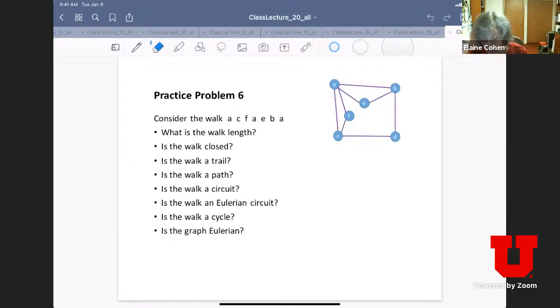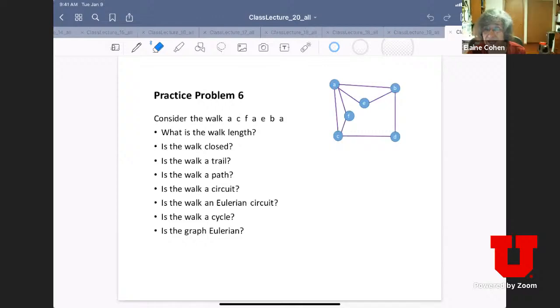Is the walk an Eulerian circuit? Does it use every edge in the graph? No. The edge from C to D isn't used. The edge from B to D isn't used. It is not an Eulerian circuit. Is the walk a cycle? Remember what a cycle is.